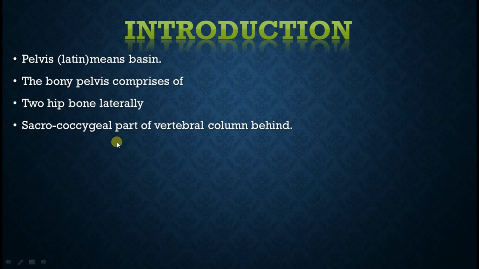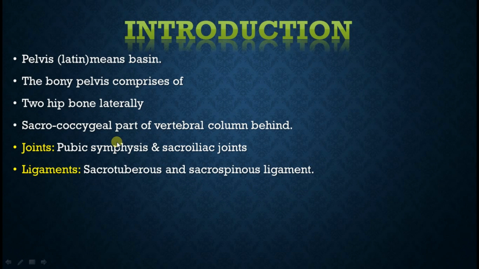So the bony or skeletal part of the pelvis is mainly formed by the two hip bones laterally and the sacrococcygeal part, and it is supplemented by 2 ligaments, the sacrotuberous ligament and the sacrospinous ligament.